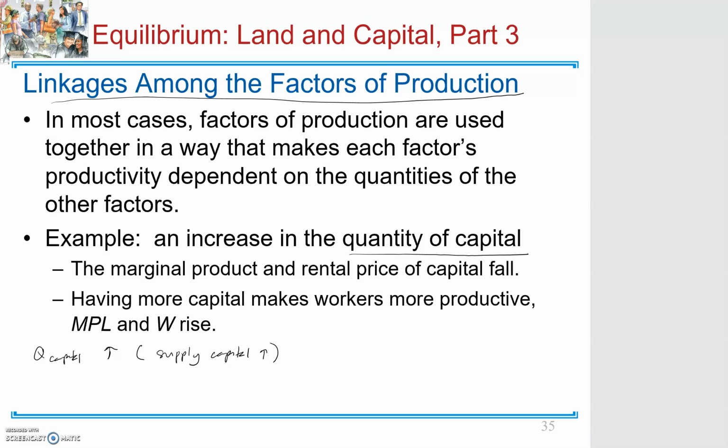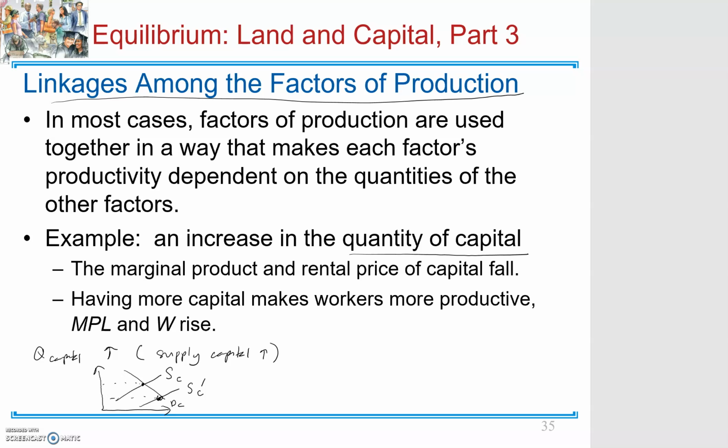Okay, so if we draw, this is the supply and demand for capital. This is supply for capital and this is demand for capital. Okay, so for example now supply of capital increases, it shifts to the right. So this is a new supply for capital. Okay, so from here, what happens? This is the same concept like we learned in supply and demand together.